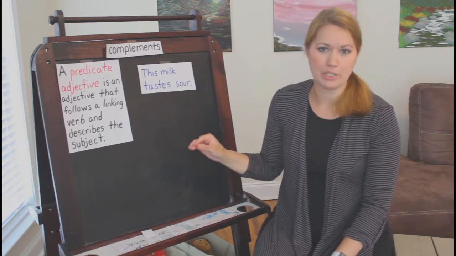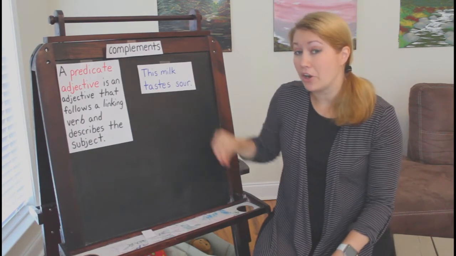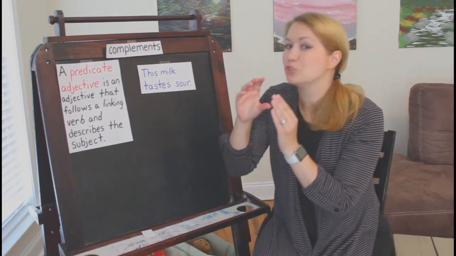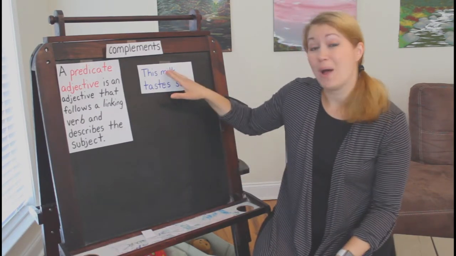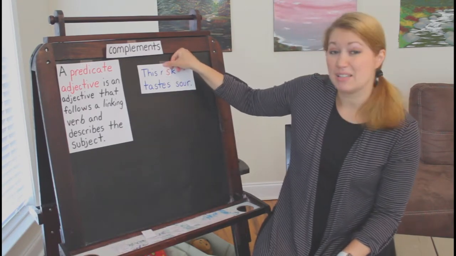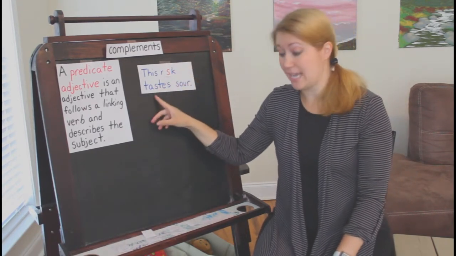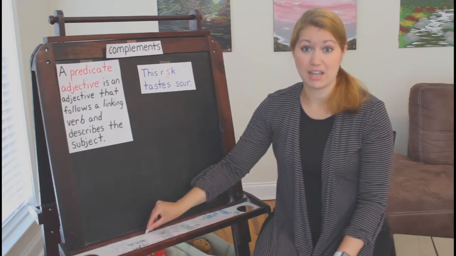So let's decide which one. Is a carton of milk literally drinking something and tasting it? No. Because milk is our subject and the milk is not doing the tasting, taste is just a linking verb this time.